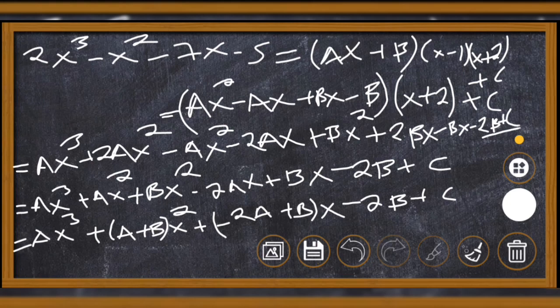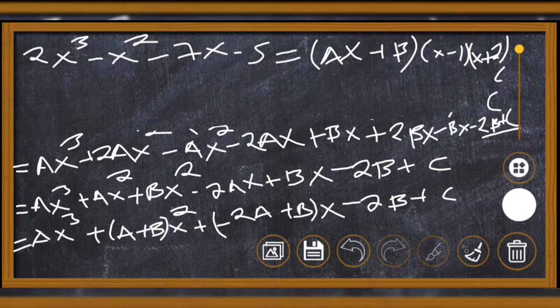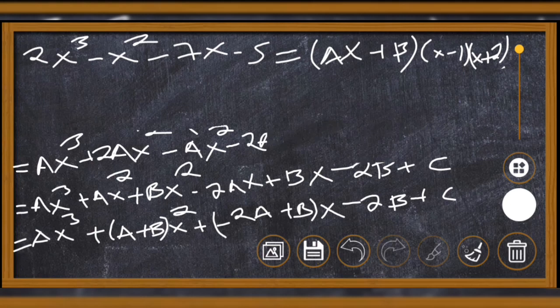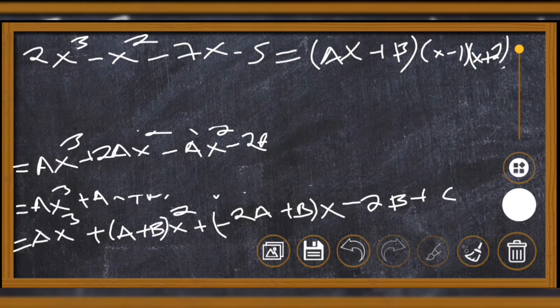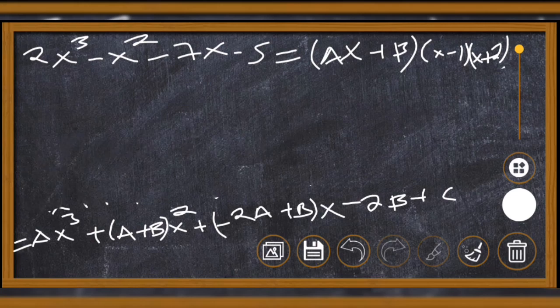So this is the simplified expression for the identical polynomial function which we had. So let me just rub this one and start pairing the values with what we have on the left side. Okay, so let me just rub this so that we can use the space.